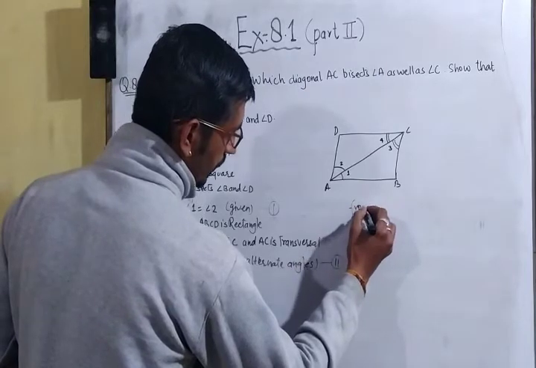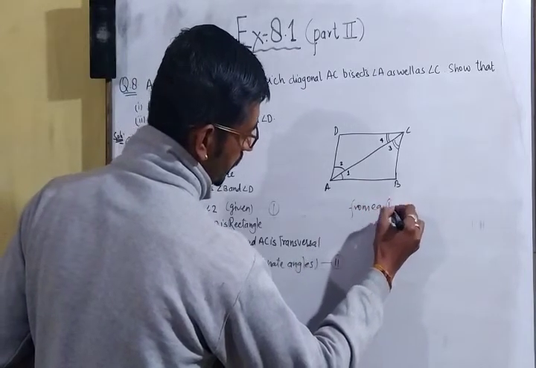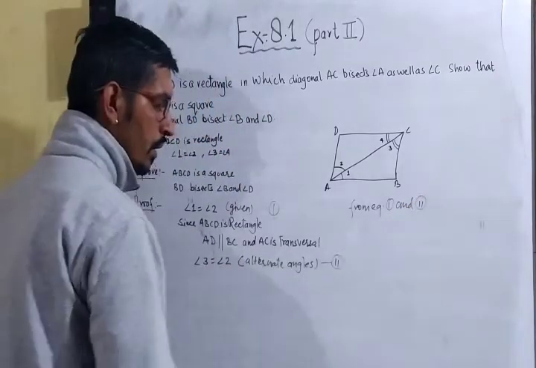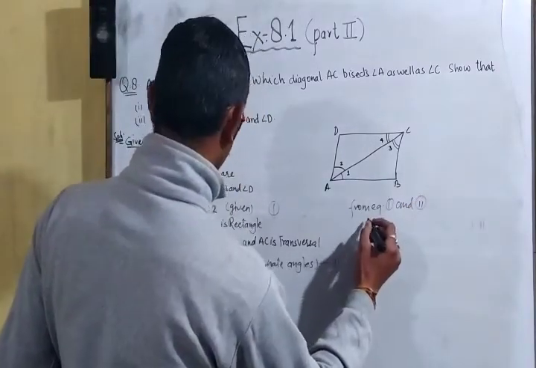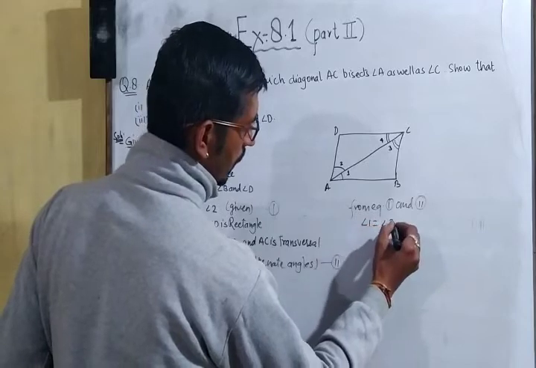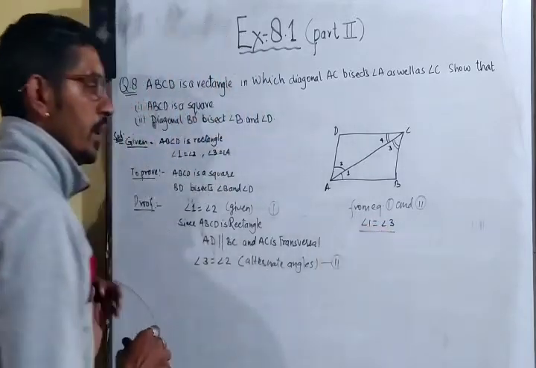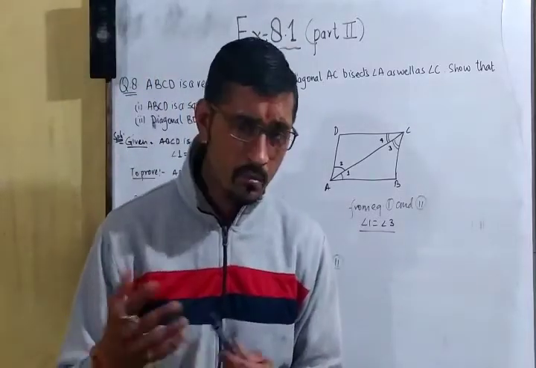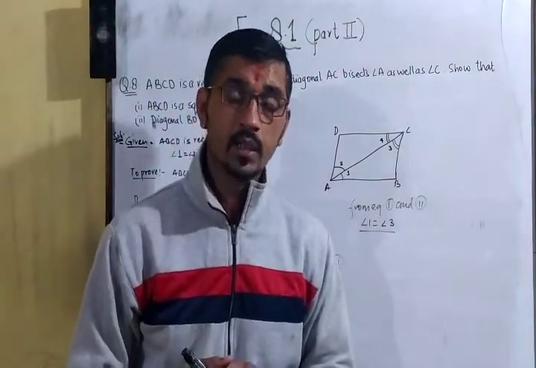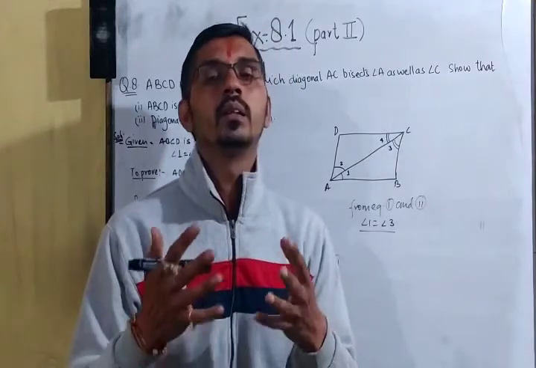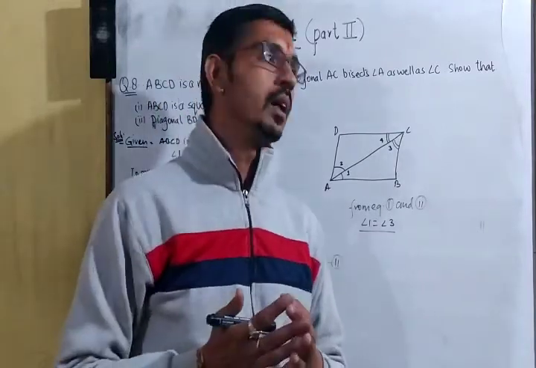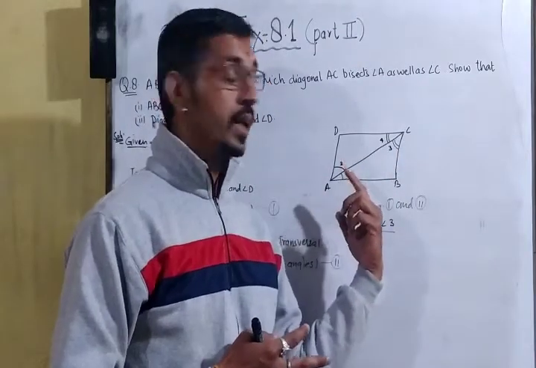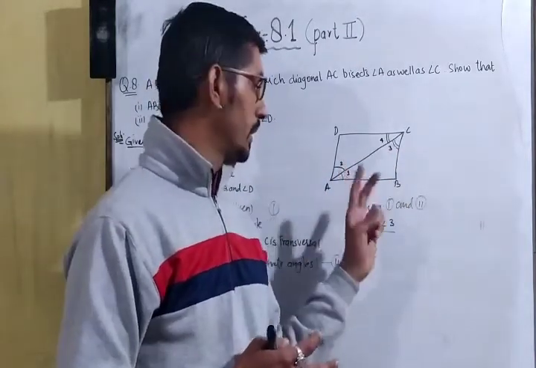From equations 1 and 2, what can we say? Angle 1 is equal to angle 3. Okay, and we know the property of an isosceles triangle. In the previous chapter we read the property: if sides are equal to each other, then opposite angles are equal; if angles are equal to each other, then sides are equal.